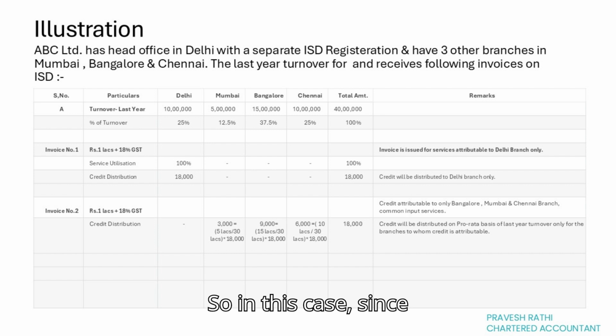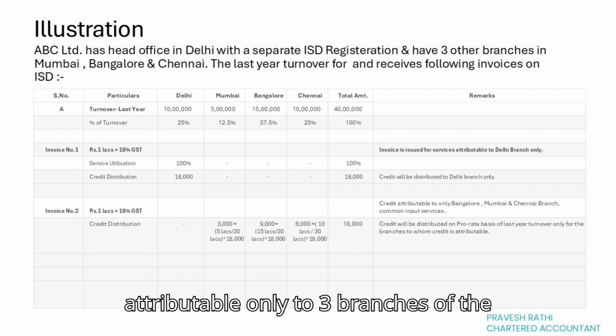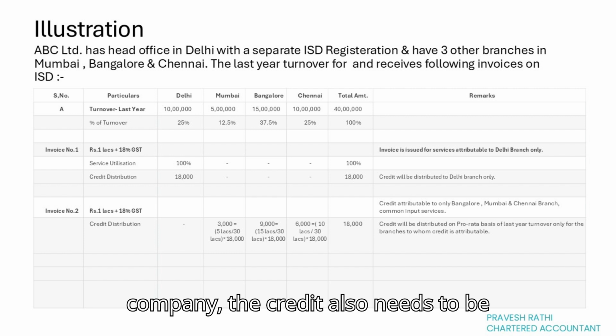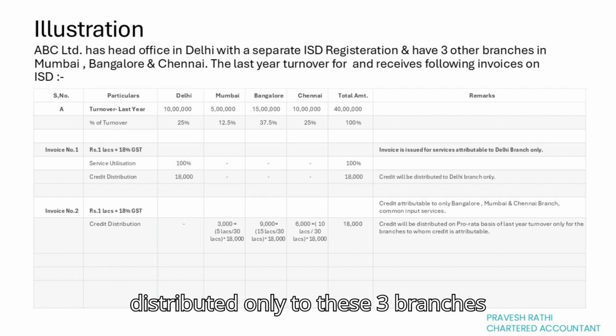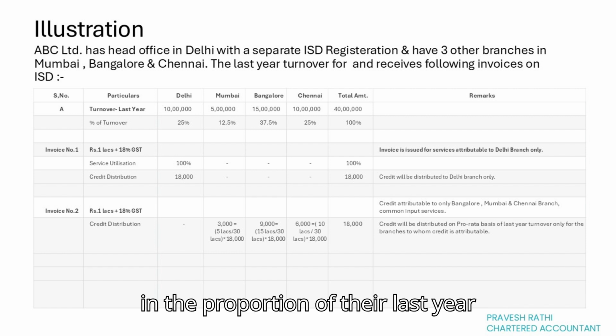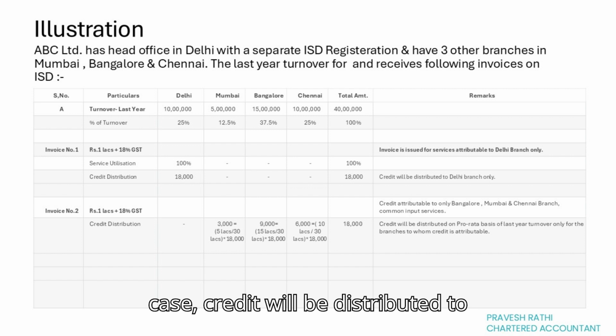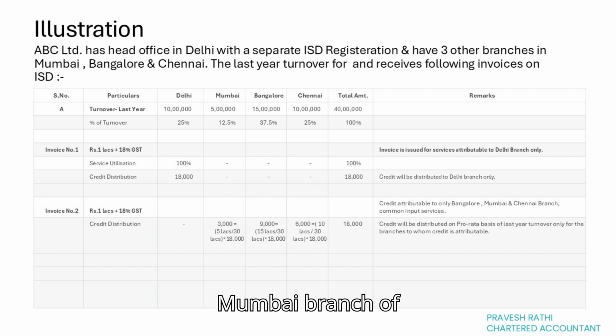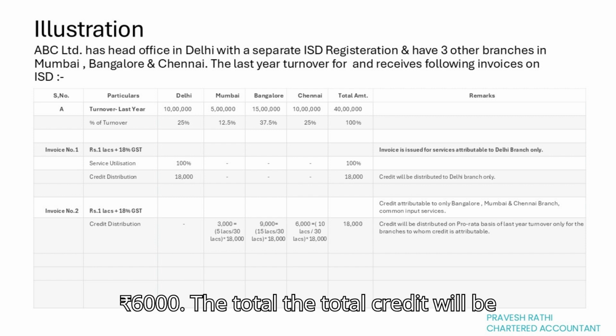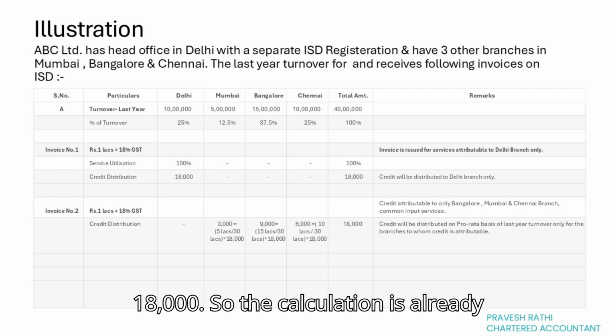Since the services are attributable only to these 3 branches, the credit also needs to be distributed only to these 3 branches in the proportion of their last year turnover. So credit will be distributed to Mumbai branch of 3,000 rupees, Bangalore branch of 9,000 rupees, Chennai branch of 6,000 rupees. The total credit will be 18,000.